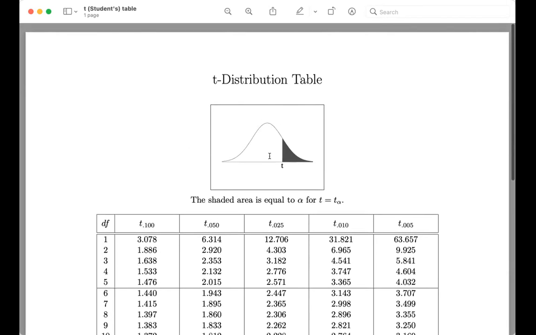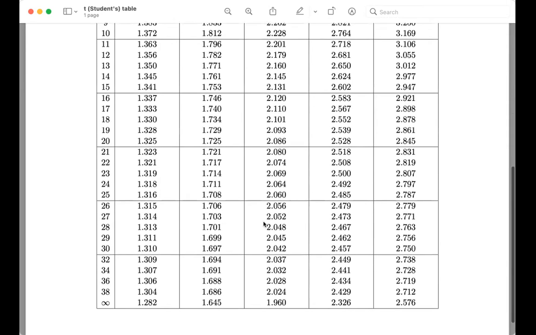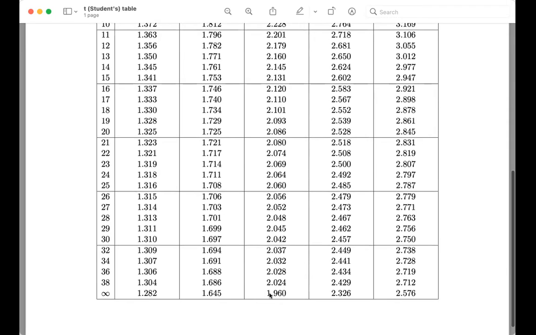So it would be centered here. Anyways, we'll just look at this. And it was at 39. So our T value is going to be 1.96.